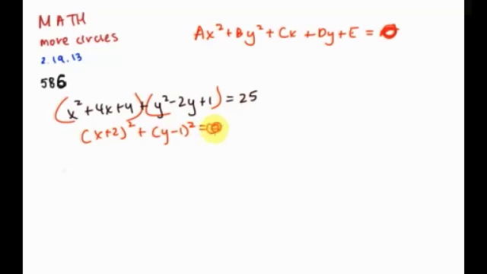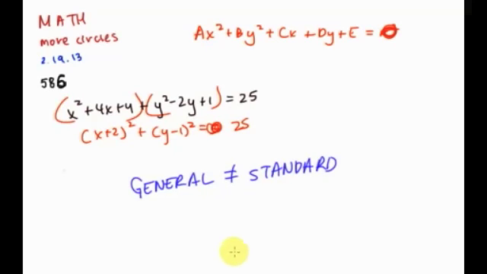So actually this is 25. So yes, this is the equation of a circle. It is just expanded, and it's just the general form. Not the standard form. Don't confuse general versus standard. It's not equal to standard. Sometimes it is, but most of the time it isn't.